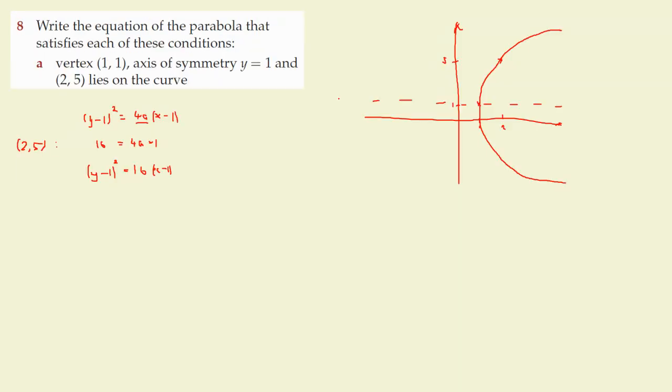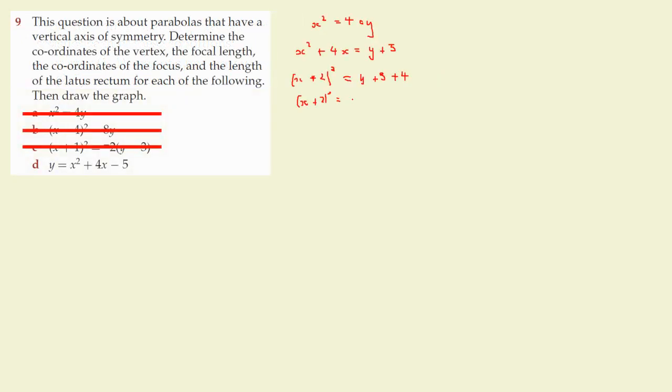Oops, didn't mean to go back there. Apologies for that. Jumping about a lot there. Equal to y plus 7. Okay. So that is now in the standard form because we've got something involving x being squared, and we've got something involving y that is then being multiplied up.